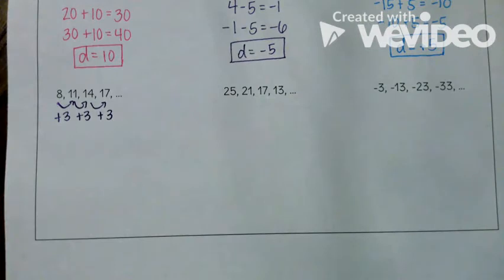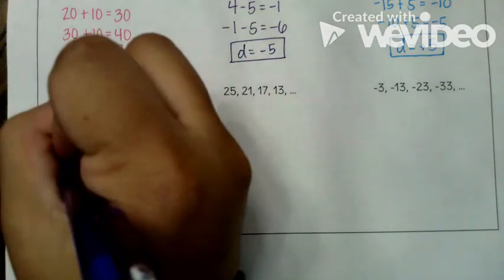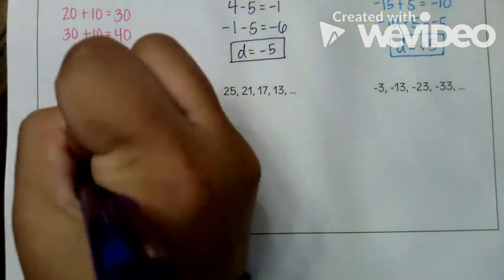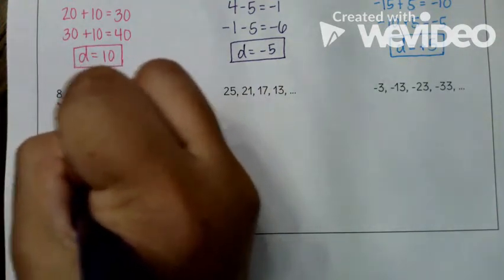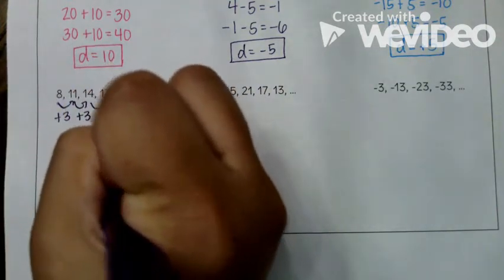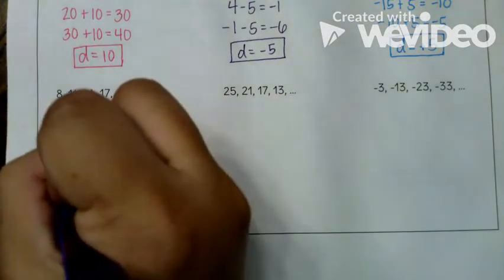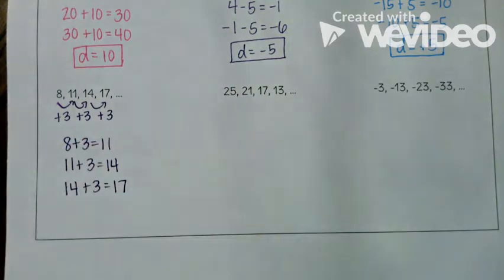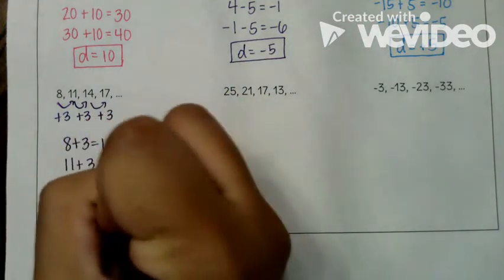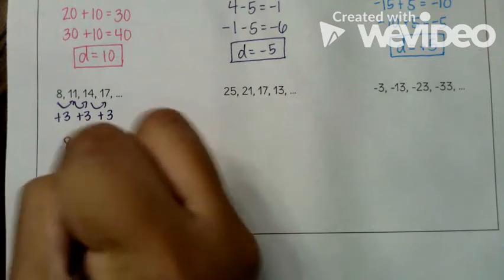And then to get to 17, I add 3. So if I start with 8 and I add 3, I get 11. If I have 11 and I add 3, I get 14. And then if I have 14 and I add 3, I get 17. So it keeps giving me that next term, which means that my common difference D is equal to 3.